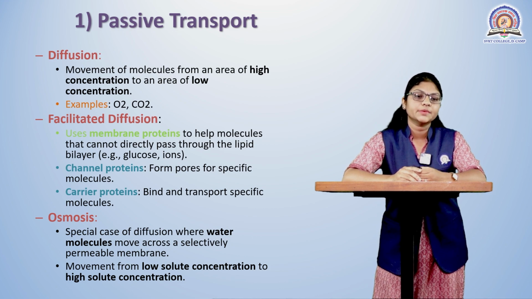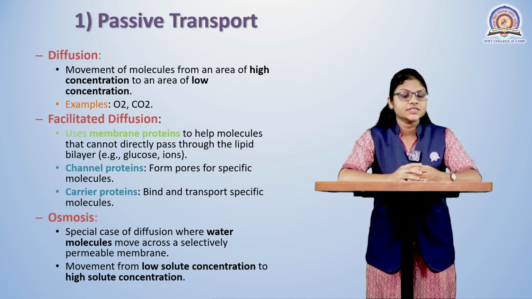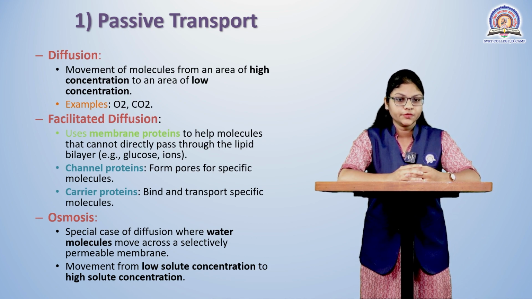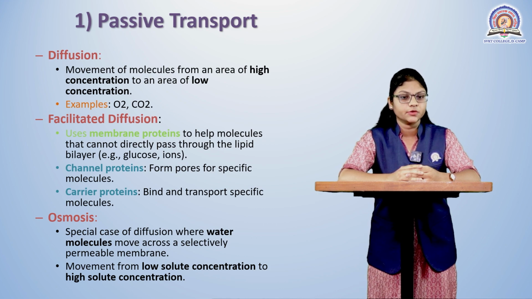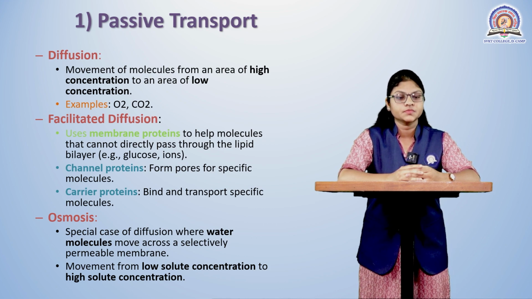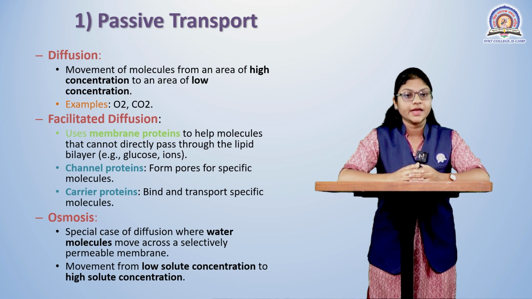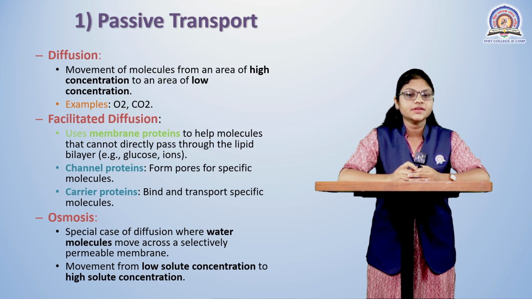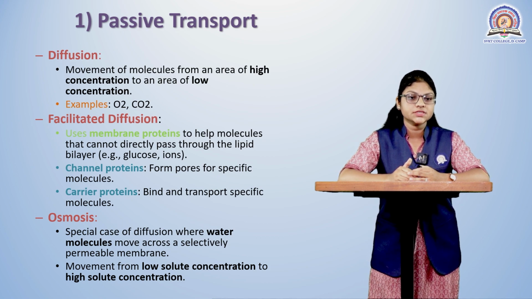The third type is osmosis. Osmosis is a special case of diffusion, where water molecules move across a selectively permeable membrane. In the above two types, we saw the transportation of solute molecules, but in osmosis, the transportation of solvent molecules occurs.